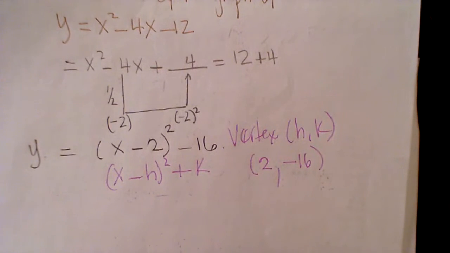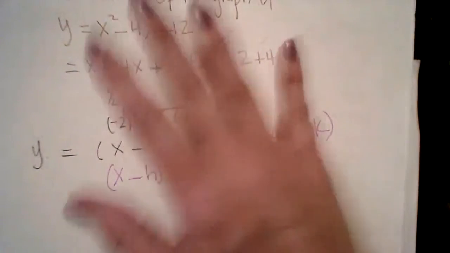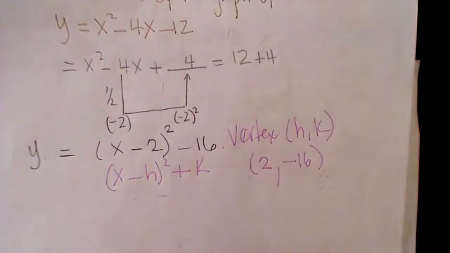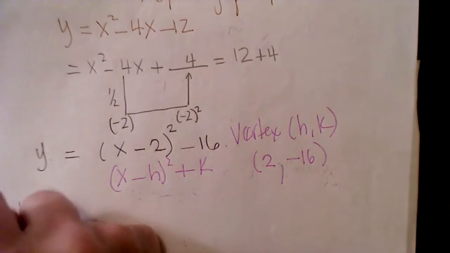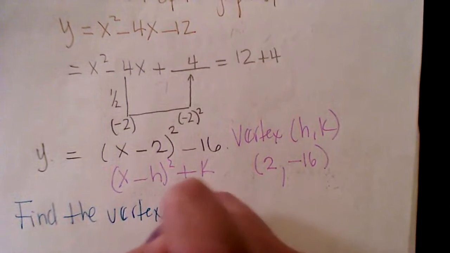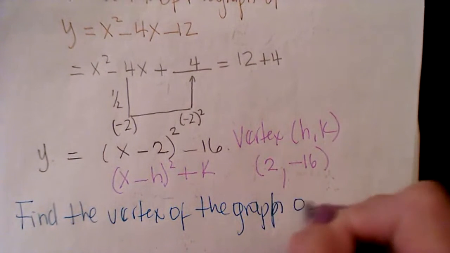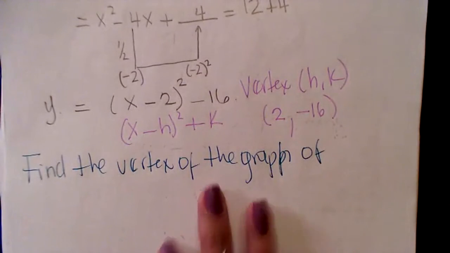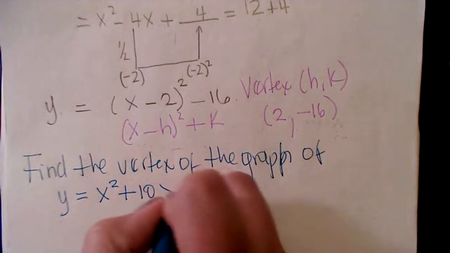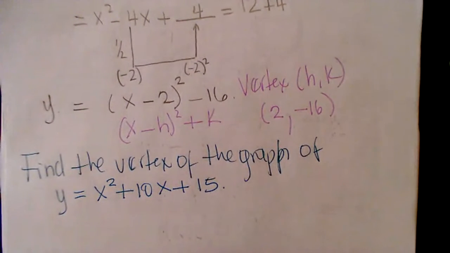Now, what's the other one? Oh, I have another one just like this one, where we need to find the vertex too. The graph of, and here's the y equals 2x squared plus 10x plus 15. So let's do it.